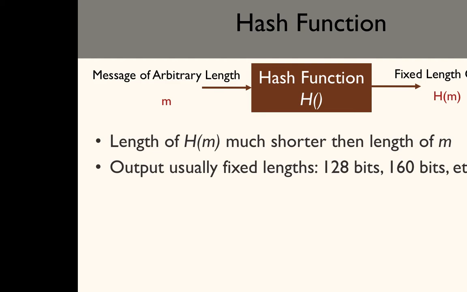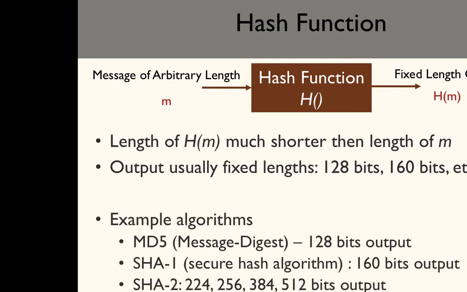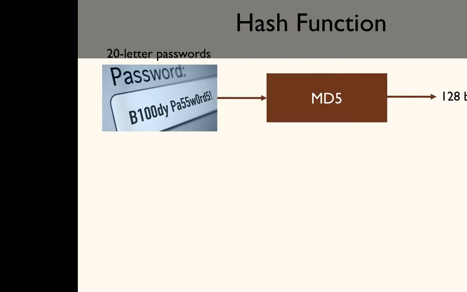The output usually has a fixed length. Popular ones are 128 bits or 160 bits. For example, MD5 has 128 bits output. SHA-1 has 160 bits. And SHA-2 has several different choices you can choose, and the longest right now is 512 bits output.